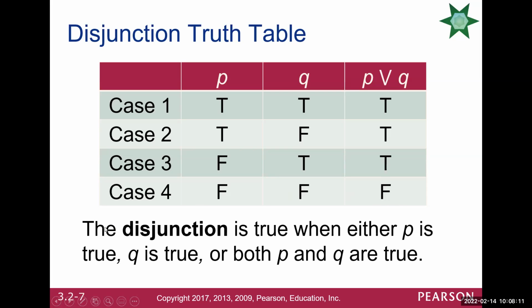So very important: the disjunction, or when we say the word or, is true when either P is true or Q is true or both are true. What I always write right here for my or is F or F equals F. That's the only time you get false whenever you have the or statement.